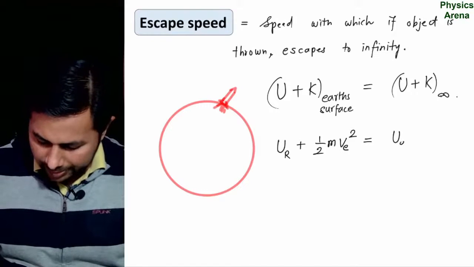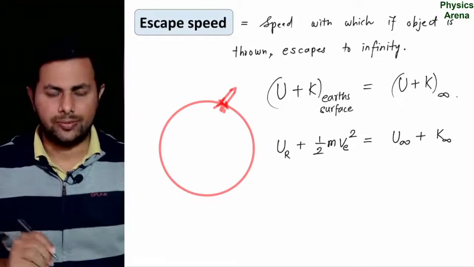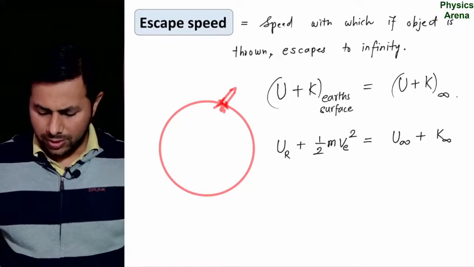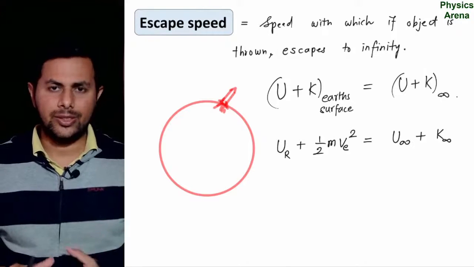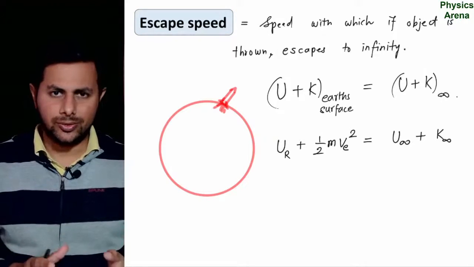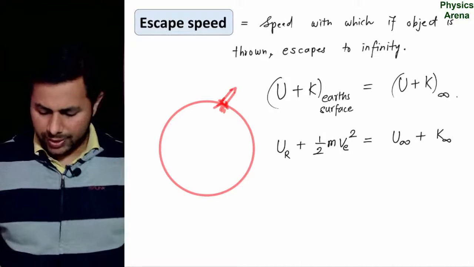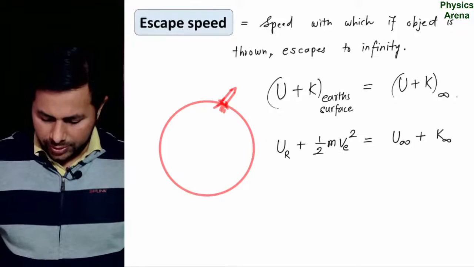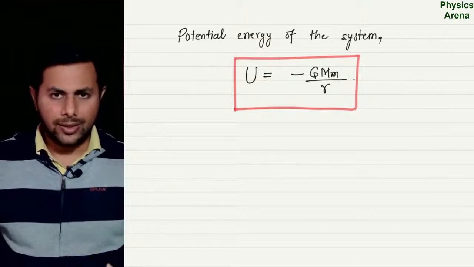So U at infinity plus K at infinity. Now we know that U at infinity, we consider it to be 0. So the formula will be GMm divided by r.